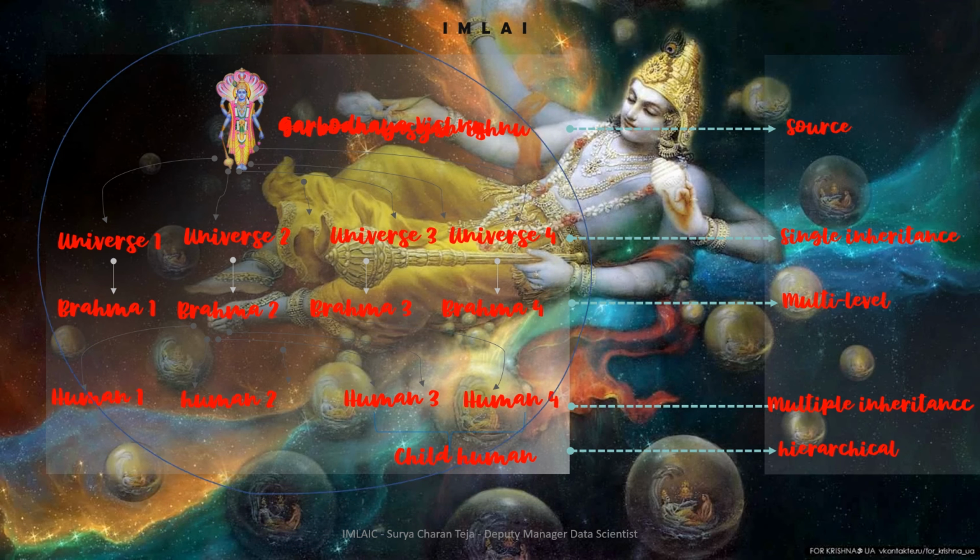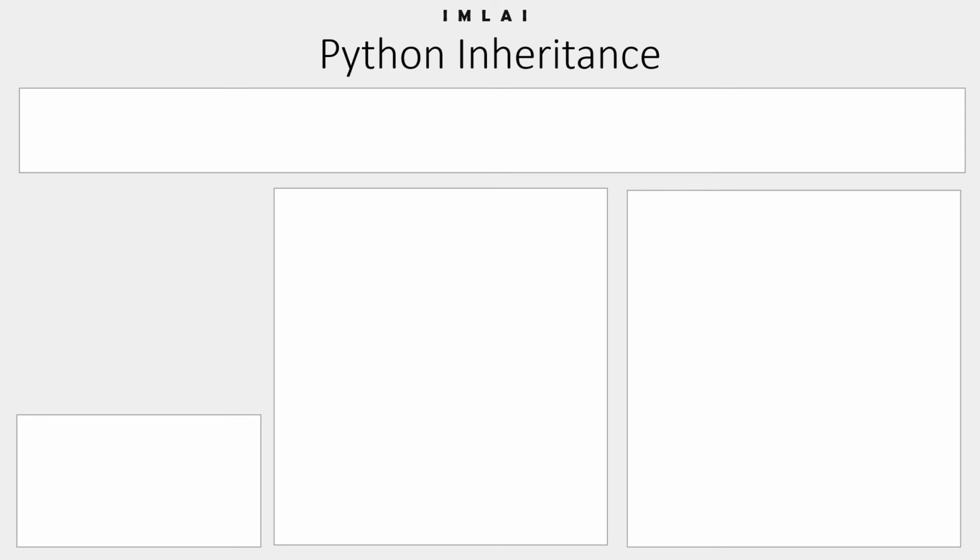I hope you got the general understanding of what inheritance is. Now we will look into textbook definitions of inheritance. Then we will do practical coding of the same example, from Garbhodakshai Vishnu till the child human. Python inheritance: we discussed single inheritance earlier.